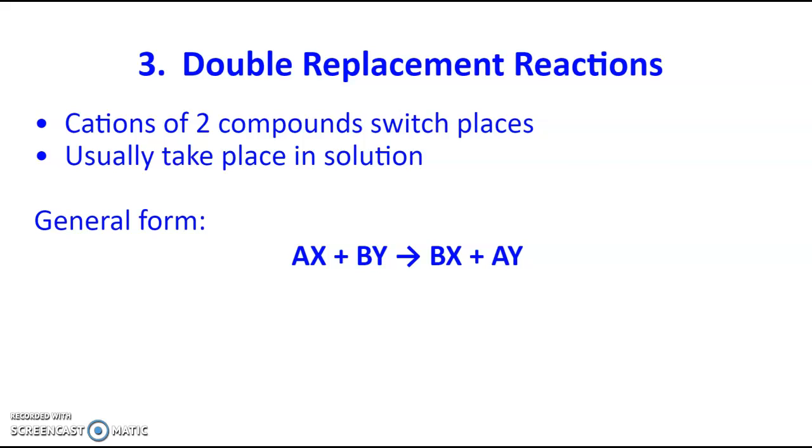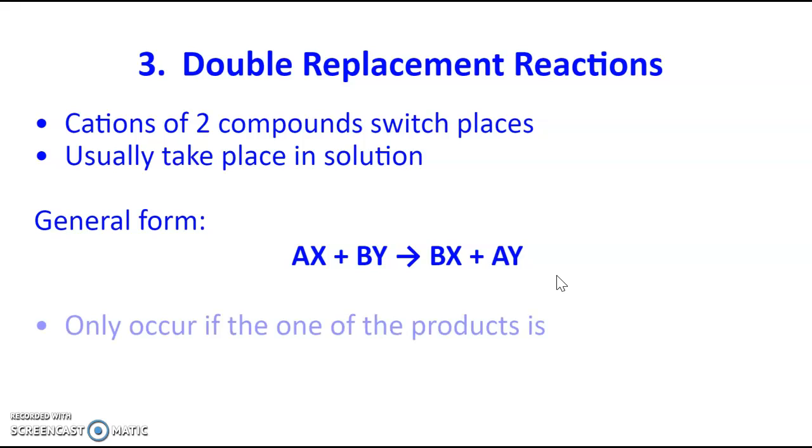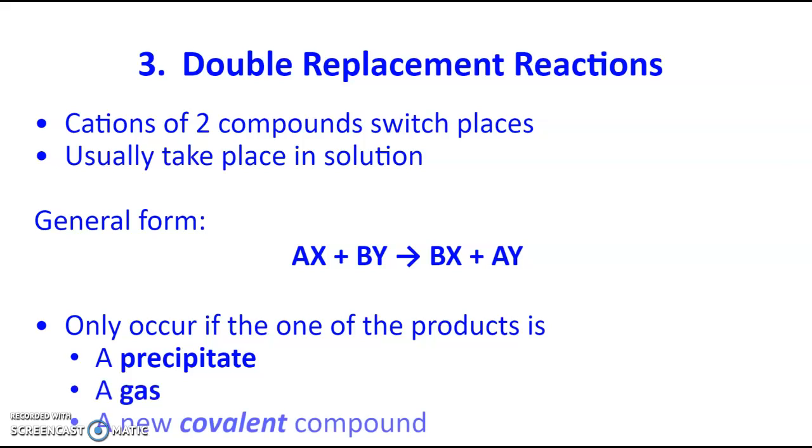So instead of AX and BY, the products become BX plus AY. And these only happen if one of the products is a precipitate, so solid, a gas, or a new covalent compound.